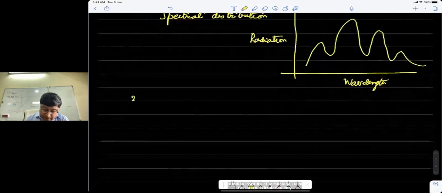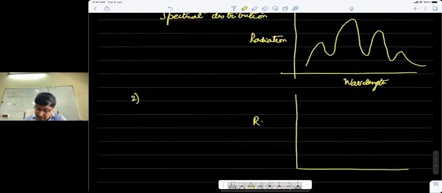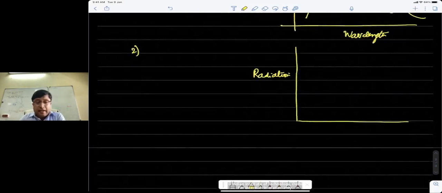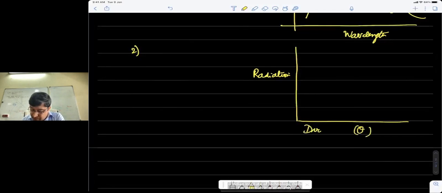The second aspect is if you have radiation plotted as a function of some direction. Typically in radiation analysis, we deal with spherical coordinates, and I'll show you why. Let's say we deal with the zenith angle, which is theta. Let me say this is the direction. Theta is the zenith angle, which is measured from the z-axis, if you remember a little bit from spherical coordinates.